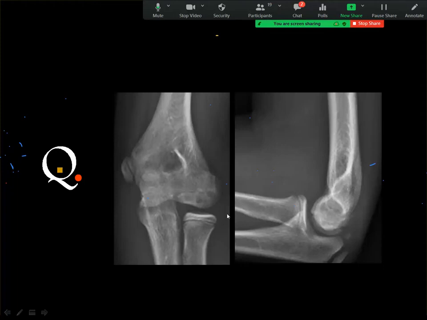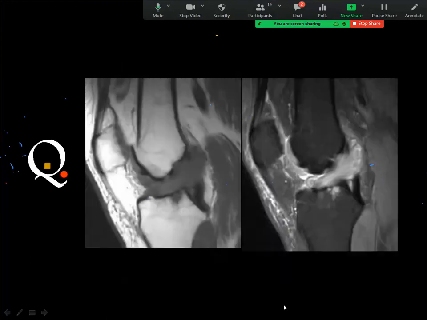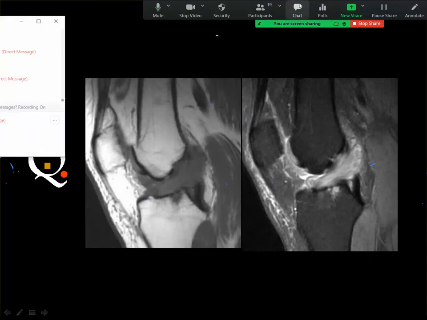You have some radiolucency and bone sclerosis, and this is diagnostic of capitulum osteonecrosis. Osteonecrosis of the capitulum is a self-limiting disease, and it can heal completely without any damage to the joint. Then next case.